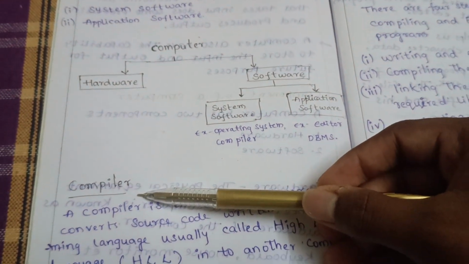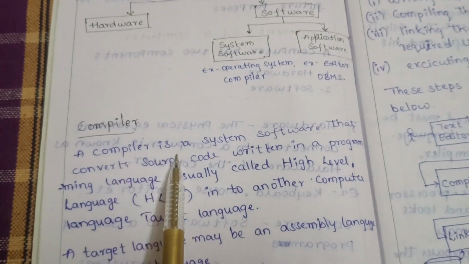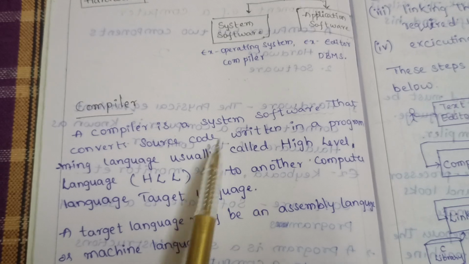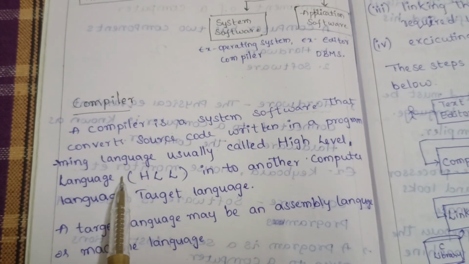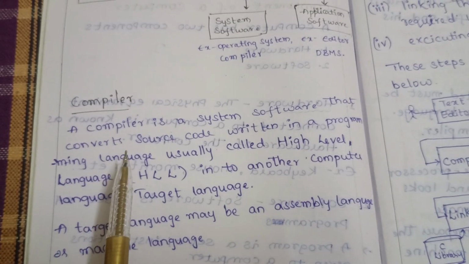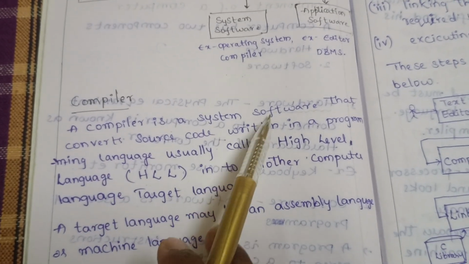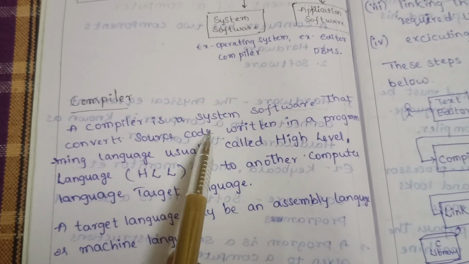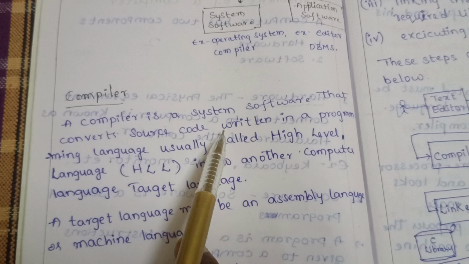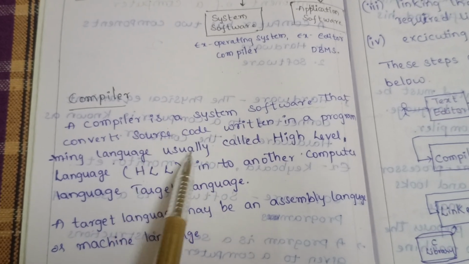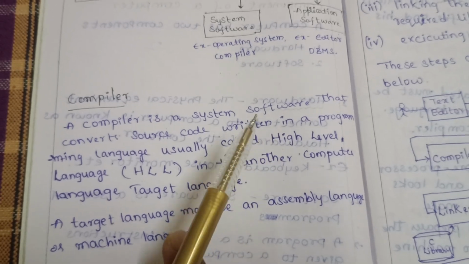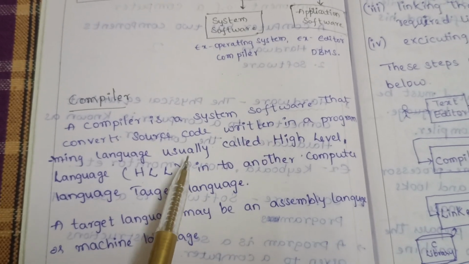Now, compiler. A compiler is a system software that converts source code written in a programming language, usually called a high level language, like C++.